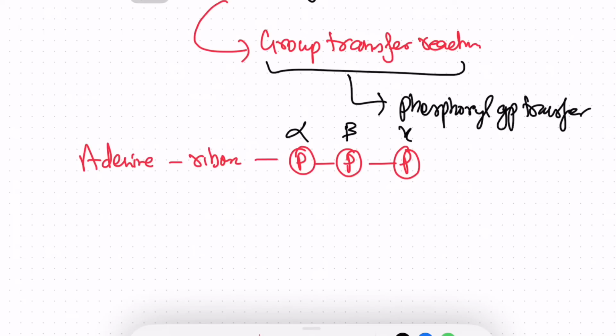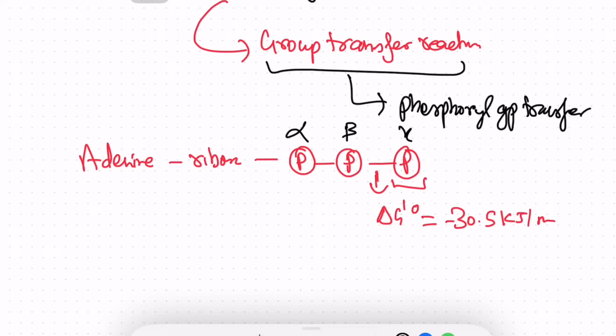Now if this bond is hydrolyzed, and let's suppose this phosphoryl group is being attached, there will be release of energy, and this is 30.5 kilojoule per mole. So minus 30.5 kilojoule per mole of energy will be released when this bond is hydrolyzed.